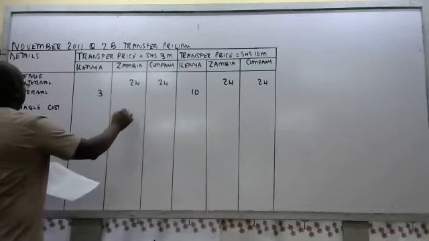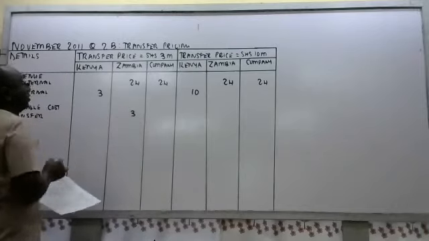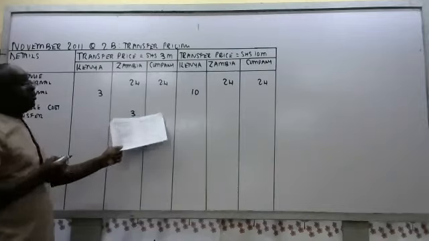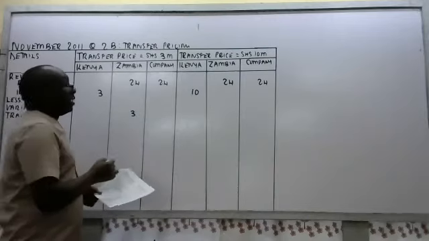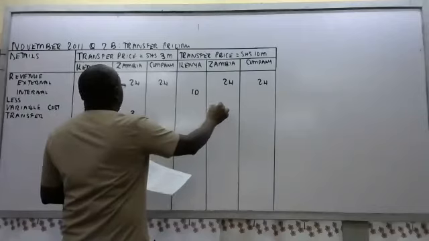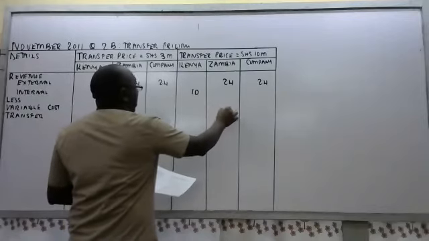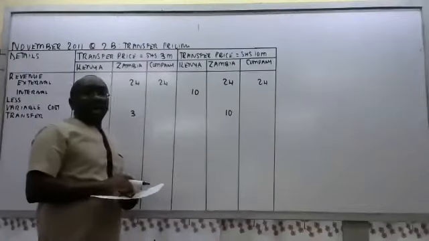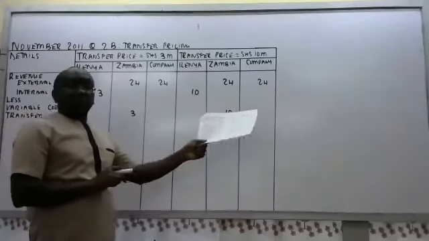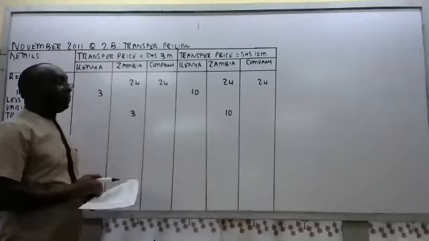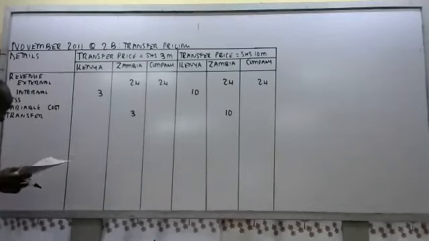So we give them 3, that is the amount they are paying, and it's not going to be felt by the company. Then Zambia here, when the transfer price is 10, they will feel 10, and it is not going to be felt by the company.